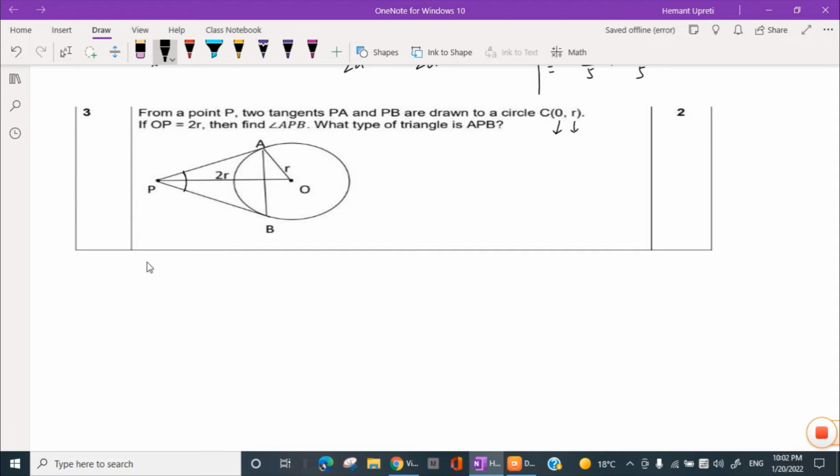Now we know that tangents drawn from an external point are equal in length. This is the theorem.